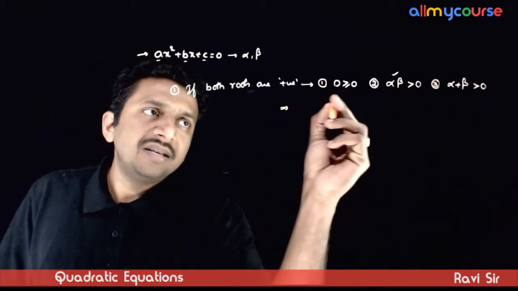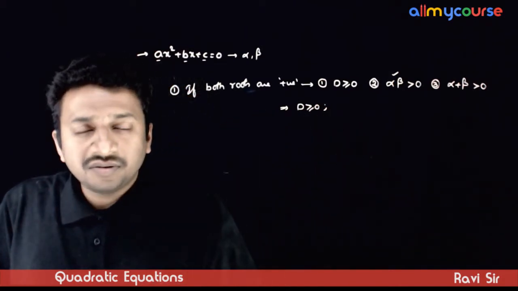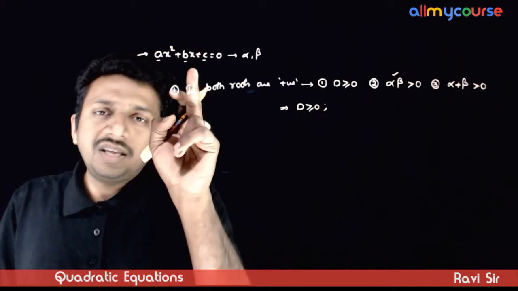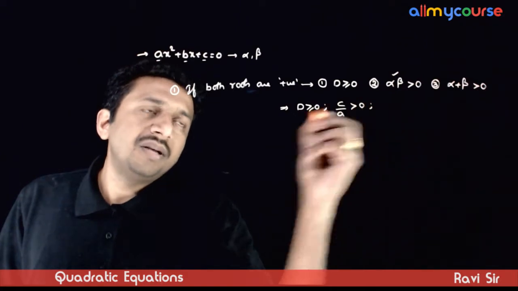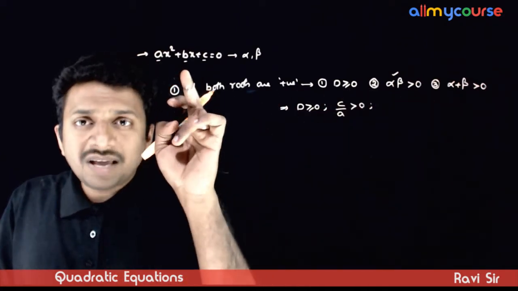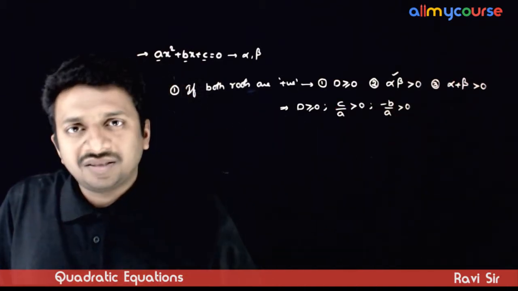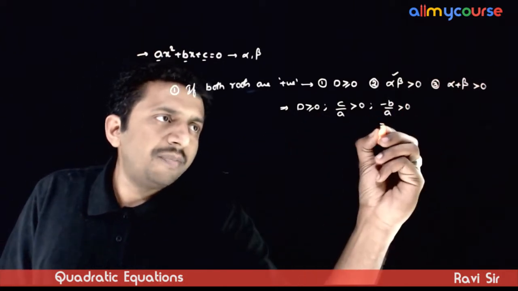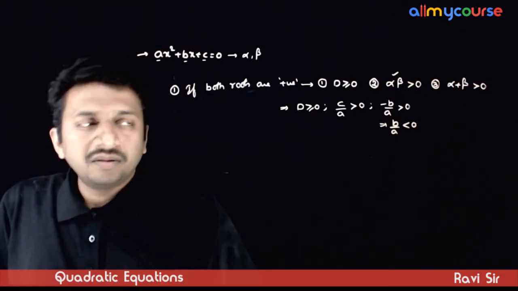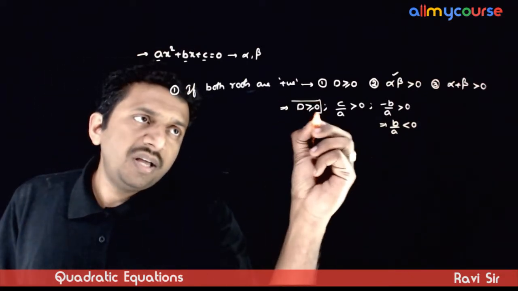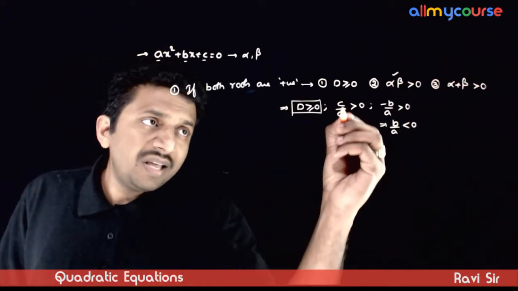So this implies D greater than or equal to 0 is a very straightforward condition. Next, alpha into beta is nothing but c by a. So c by a has to be greater than 0, and alpha plus beta is minus b by a. Minus b by a also has to be greater than 0, or this implies b by a has to be less than 0. In other words, D should be positive, the discriminant has to be positive, and c by a is greater than 0.